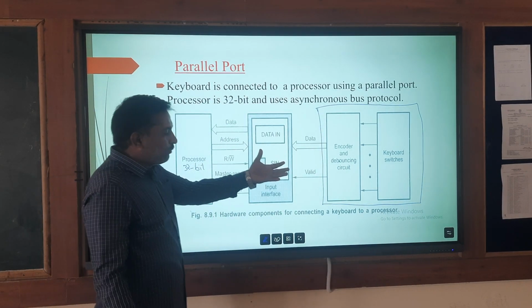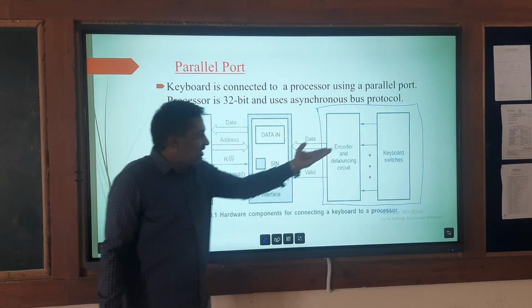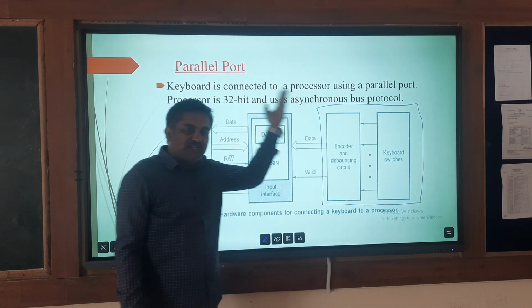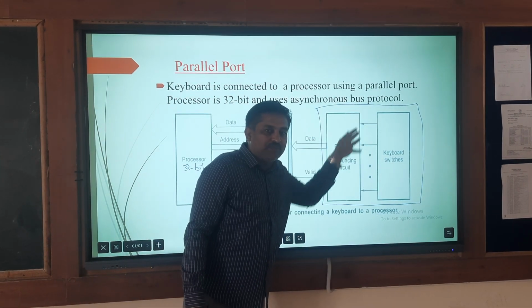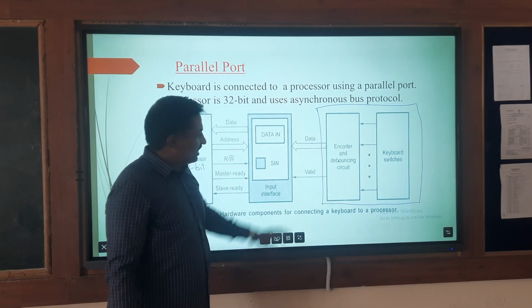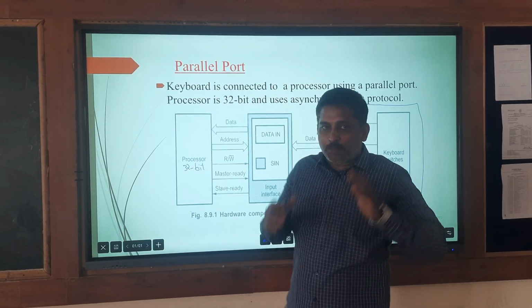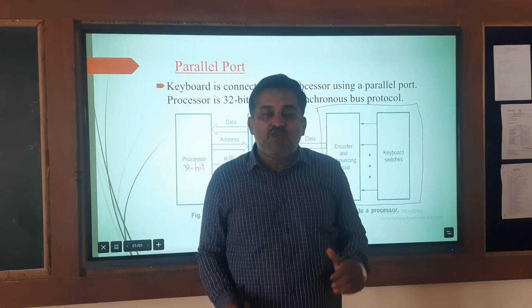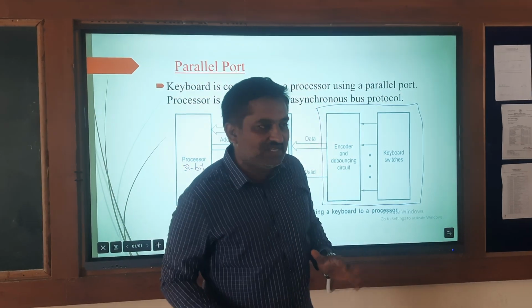And now this whole circuit is treated as the keyboard. Okay, here I am going to explain the read operation. Why? Because we all know that the keyboard is an input device and it transfers data to the processor. So this total circuit here I am treating as a keyboard circuit. Okay. Now whenever the processor wants to communicate with other devices, first of all it has to assign an address to that device.